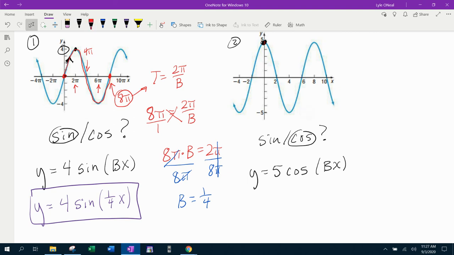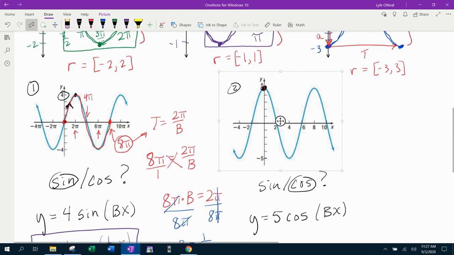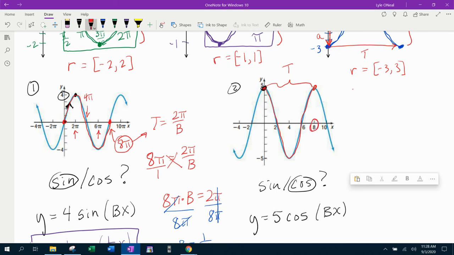Okay, so in this graph, we've got our wavelength from peak to peak. This is the period, and it does that in a distance of 8, because if we start at 0 and go this far, that is a distance of 8.